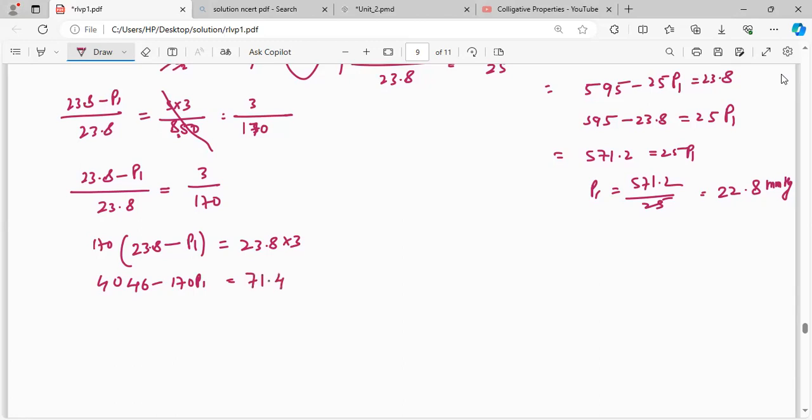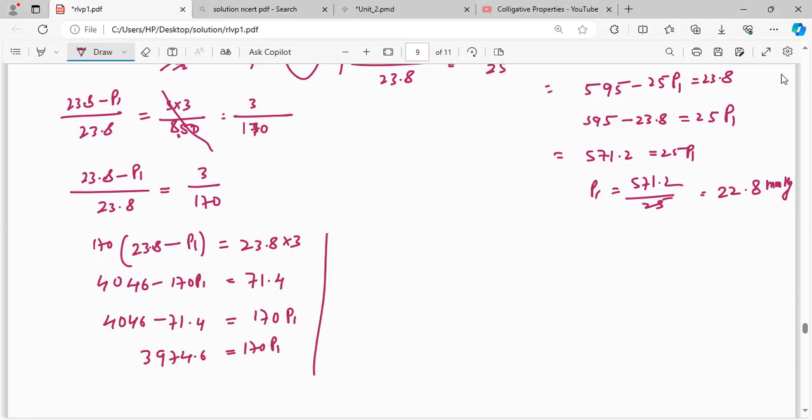So 4046 minus 71.4 is equal to 170 P1, so 3974.6 is equal to 170 P1.